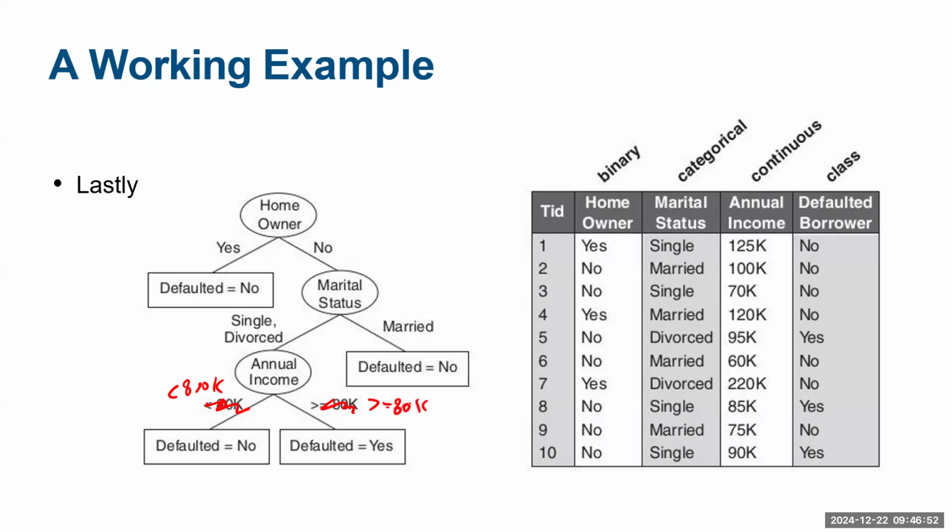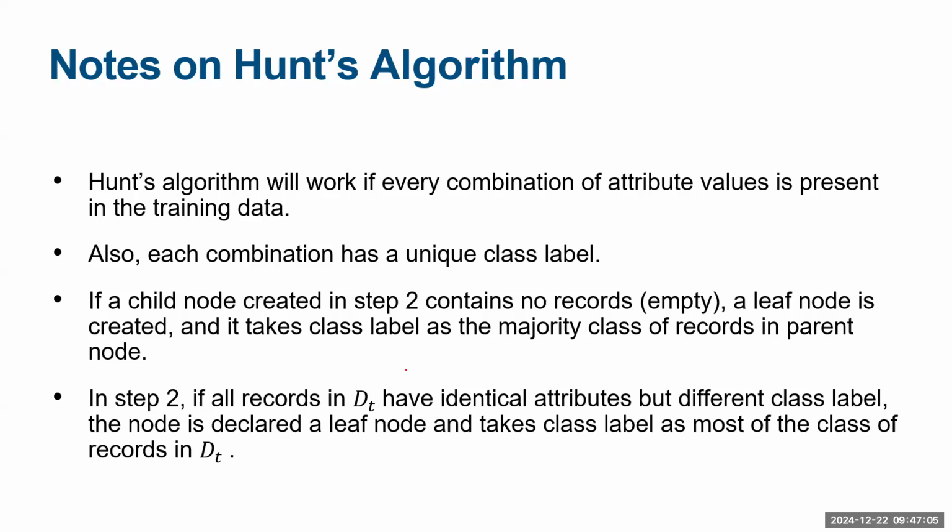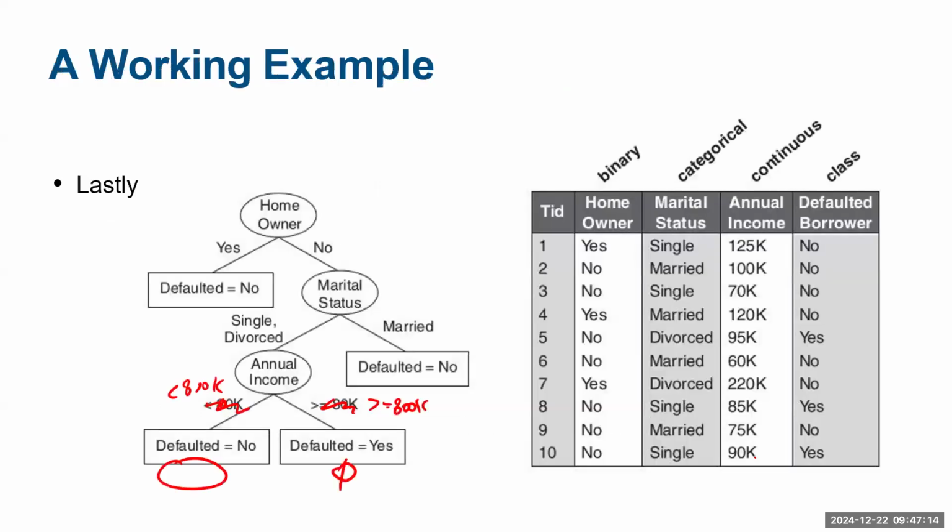What happened is that all the data will be on this side, and this one will be empty, right? So in this situation, a leaf node is created and it takes the class of the majority class in the parent node. Even though this one is empty, it's going to become a leaf node because you cannot split it even more, there's nothing to split.